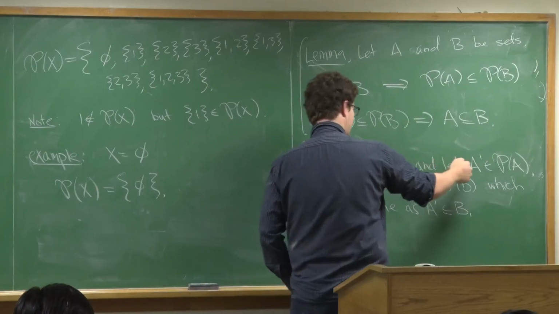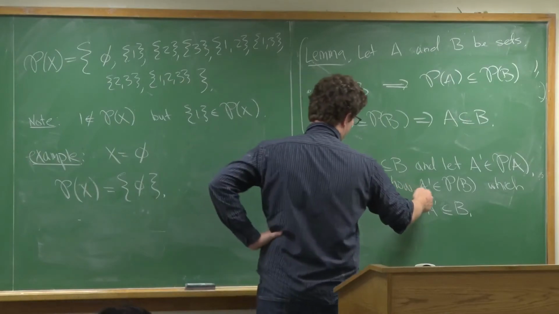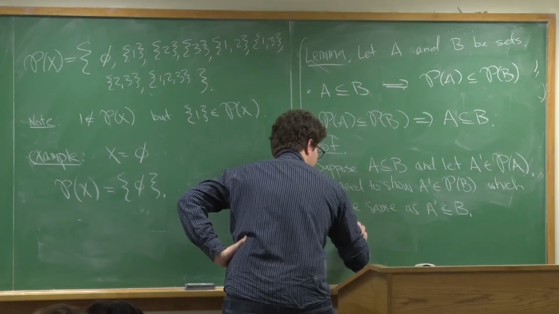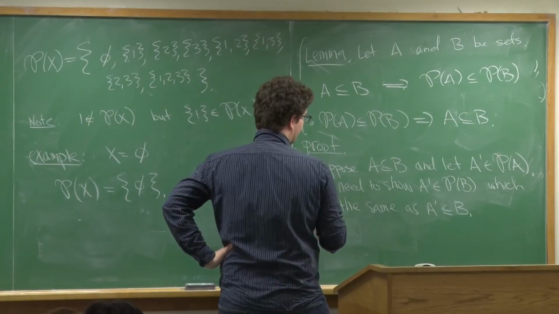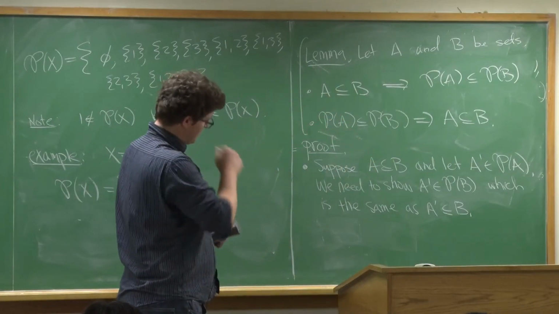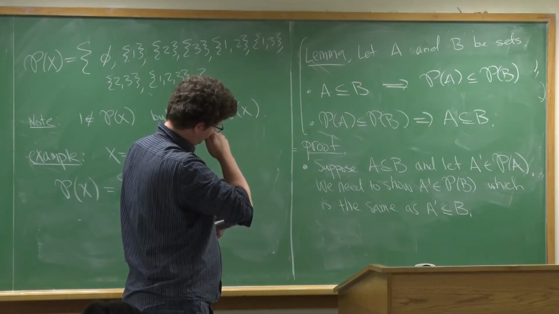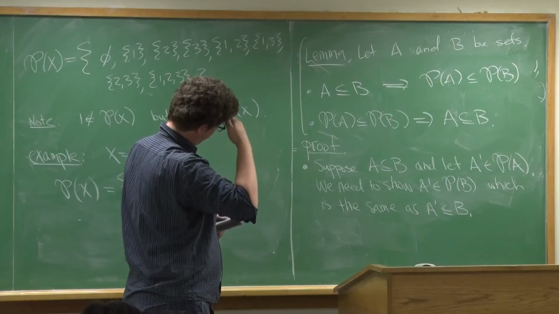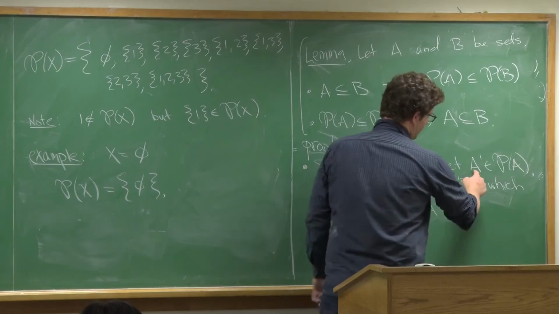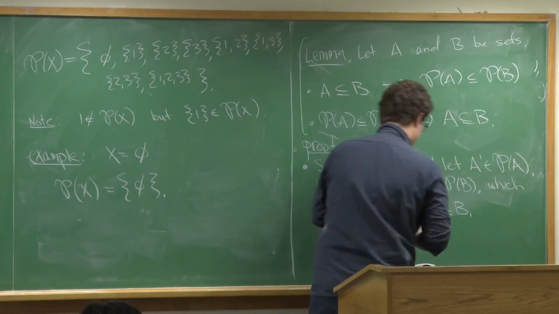We need to show that A prime is an element of the power set of B. I'm not saying this well. Okay, so we suppose that A prime is in P of A, and we need to show that A prime is in P of B. Okay, so let me just write it like this.